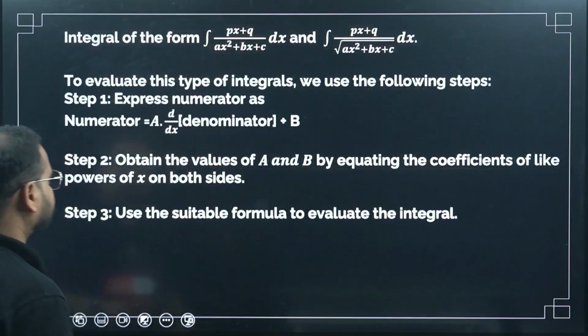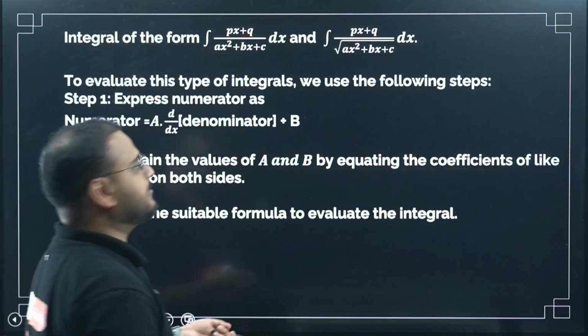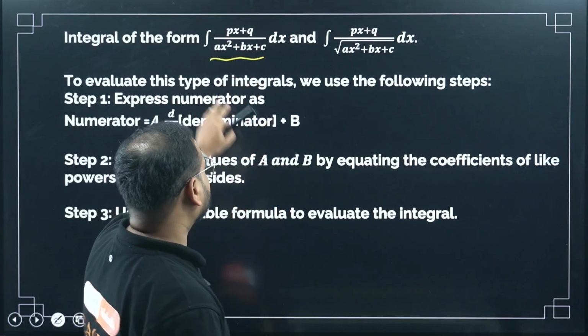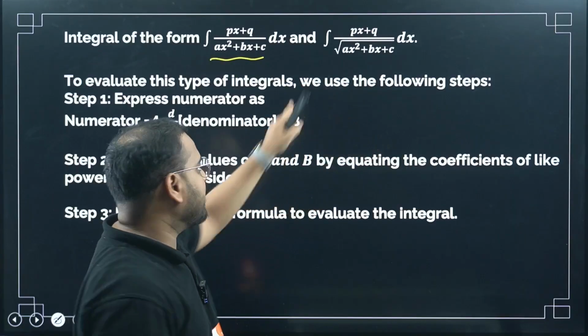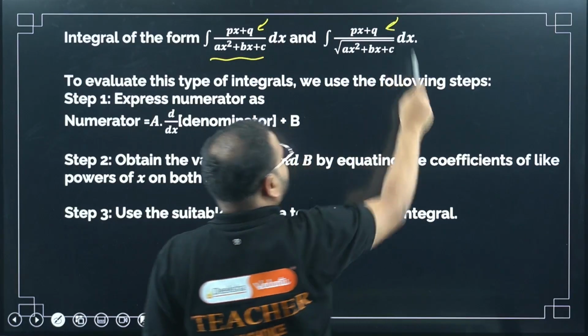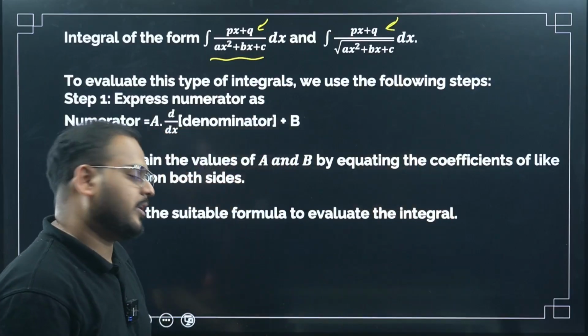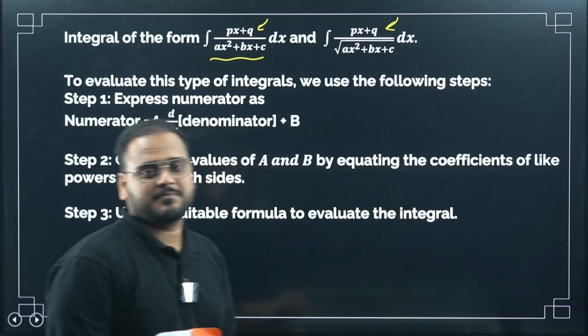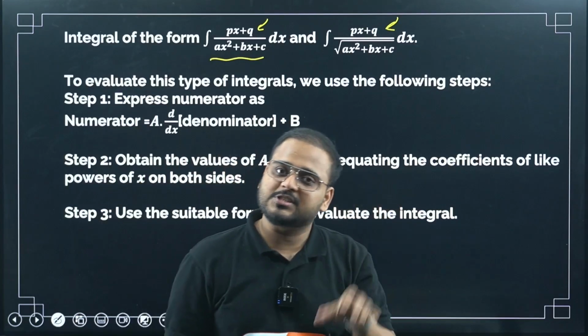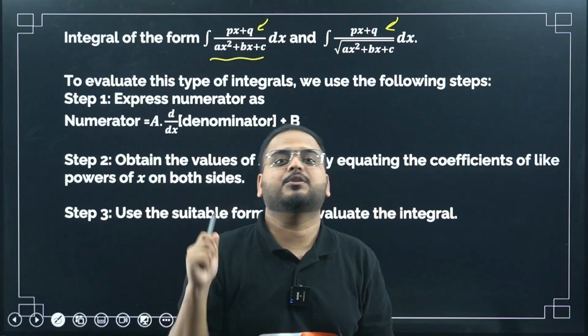Is it okay? Now, what if we have this sort of form? There is a quadratic term with or without root, but we also have a linear term in the numerator. If you remember the previous session, I said we will be using substitution not only in those particular questions but everywhere.